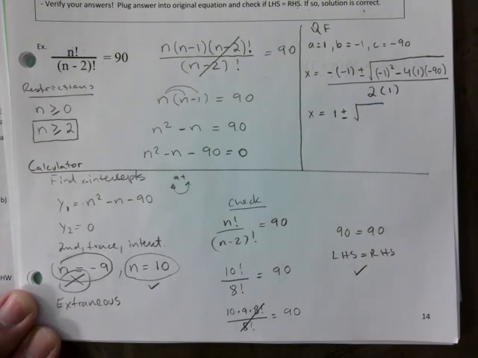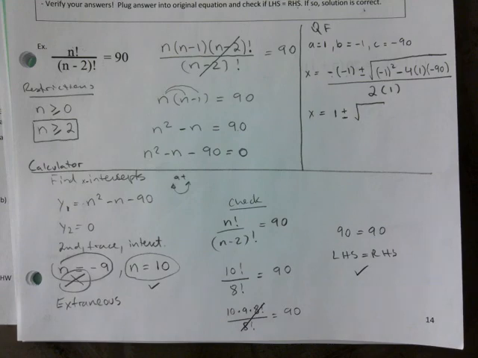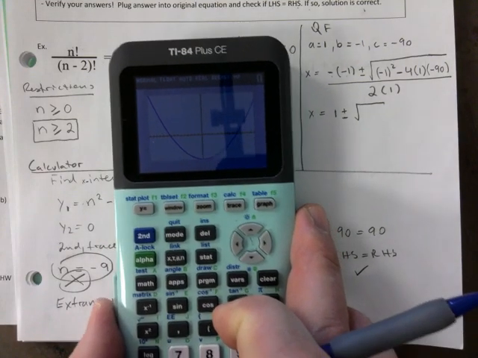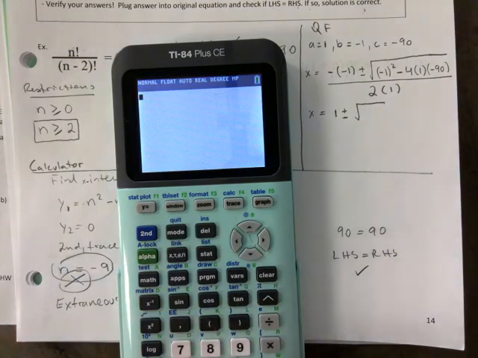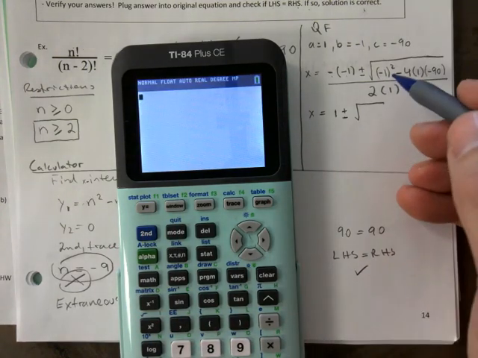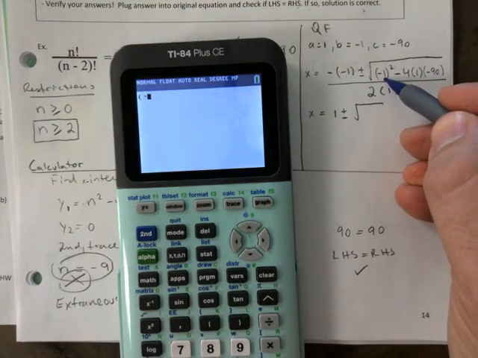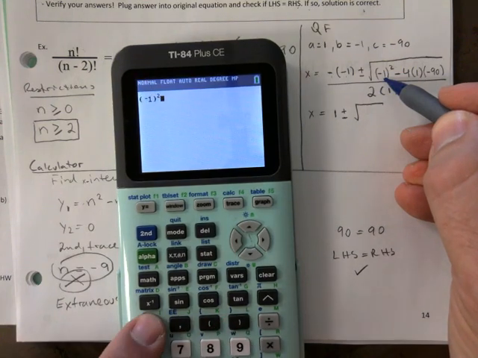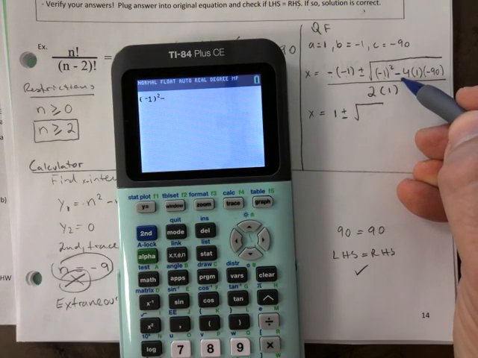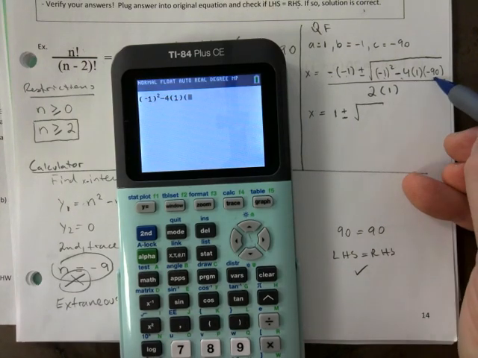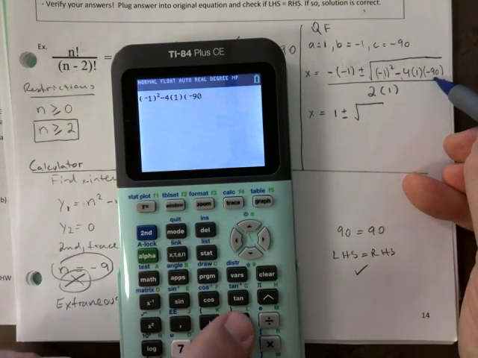And I just tell my students to not mess up here. Just type it into your calculator because you've got them. Why not? You get to use it for the entire exam. You type it in exactly the way you see it. Bracket, -1, close bracket, square it. Minus 4 times 1 times -90. You got to make sure you use the negative, not the minus.